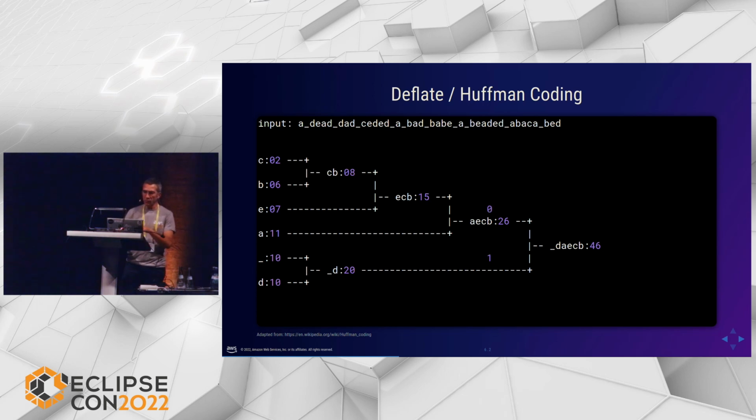And we can now label the edges with 0s and 1s, and use these to assign each character a new code. So for C, we would assign 4 zeros. For B, we would assign 0, 0, 1. E can only be reached by 3 edges, so it can be encoded with only 3 bits. A only with 2, and underscore and D likewise.